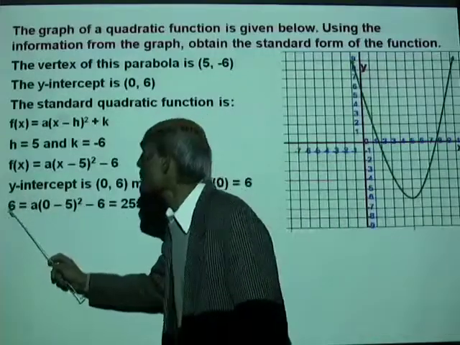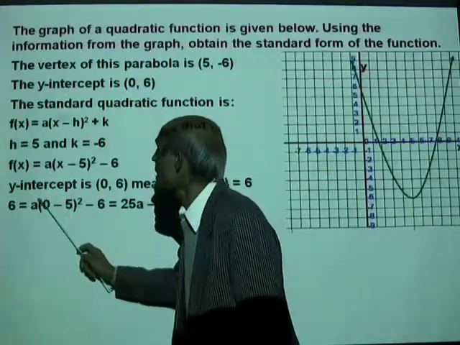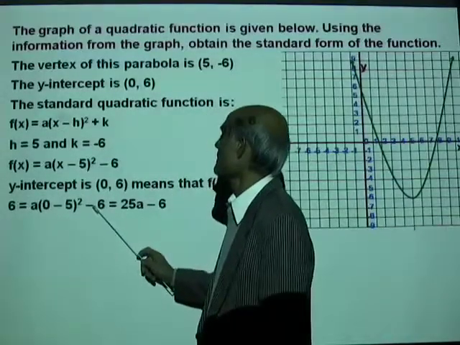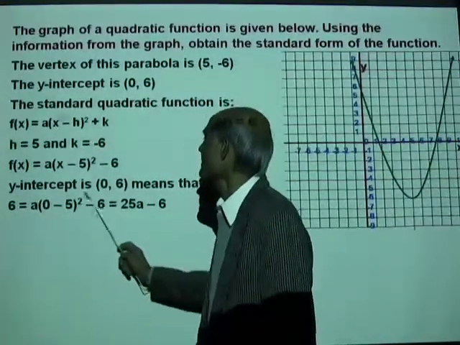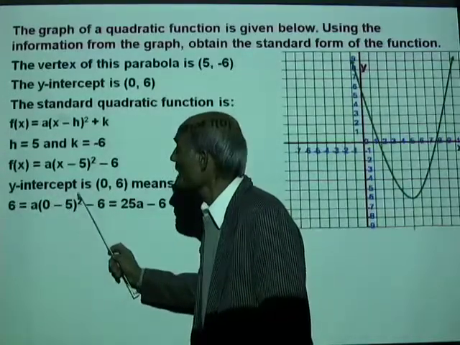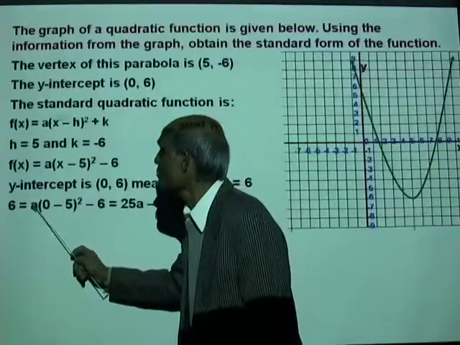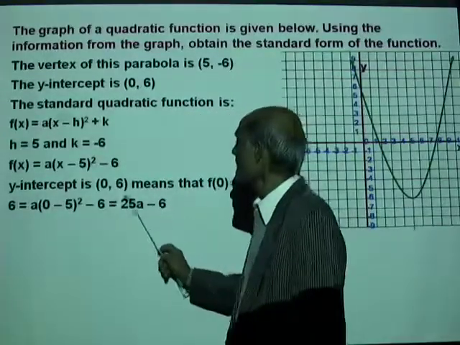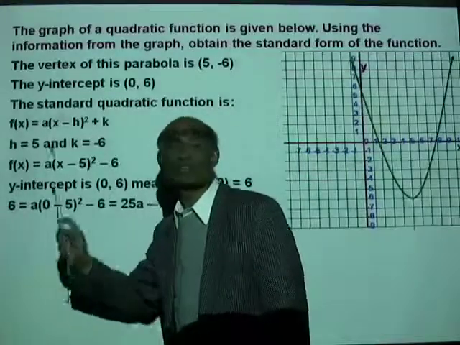That is, 6 equals a times (0 minus 5) all squared minus 6. Simplify this: 0 minus 5 is negative 5, negative 5 squared is 25. So this will be 25a minus 6, equal to 6.